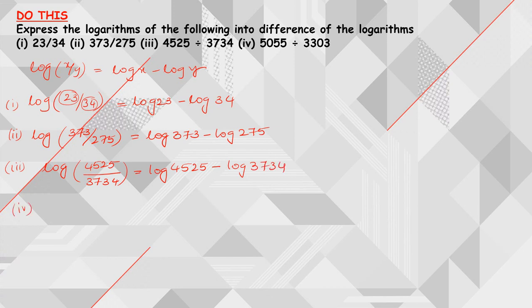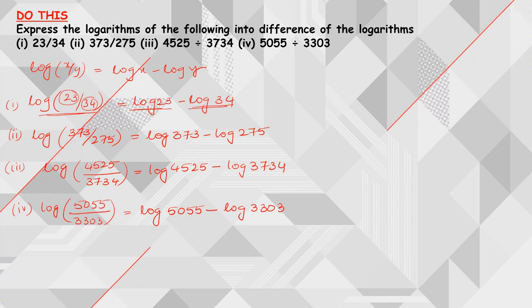Next, question number 4, log of 5055 by 3303, I can write as log of 5055 minus log of 3303. In this you can also move in the reverse order. Whenever you are given log of 23 minus log of 34, you can write it as log of 23 by 34, right? Likewise you can go in the reverse order also.